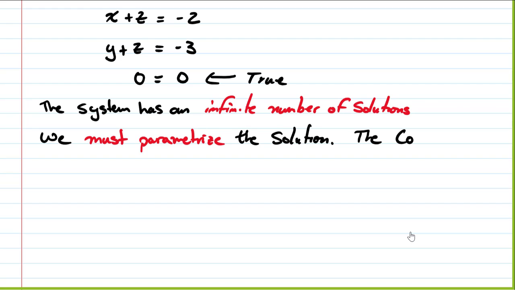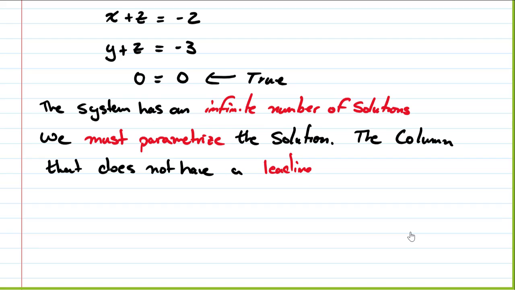The column that does not have a leading 1 is the free variable.